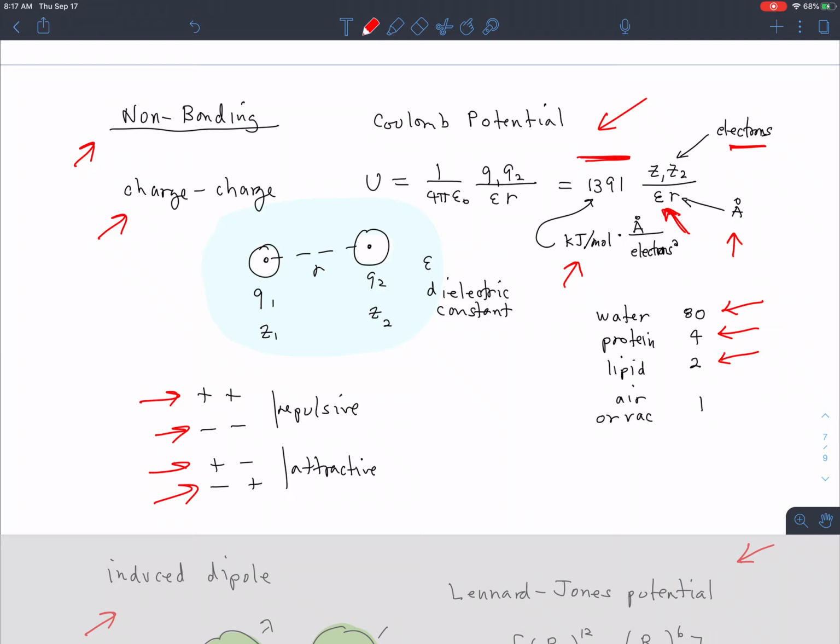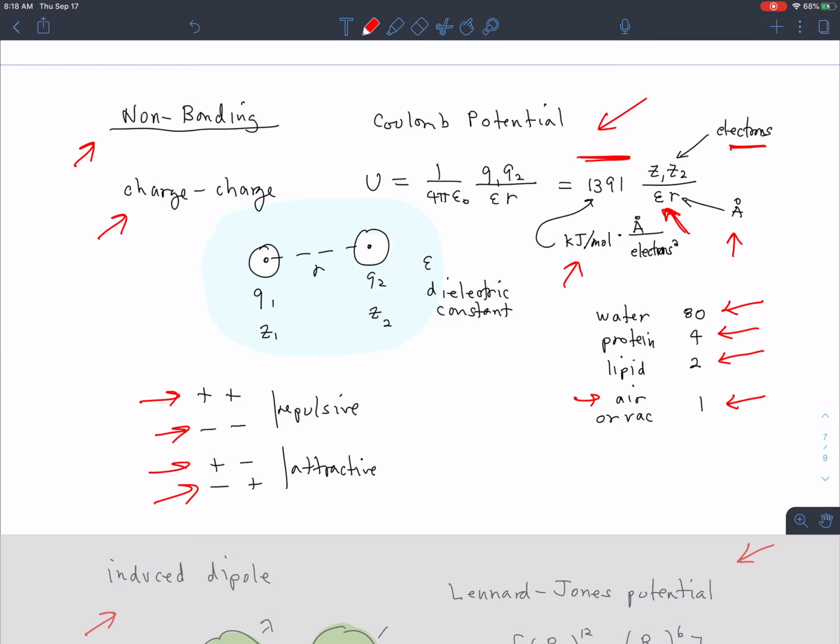If you're in something that's even more hydrophobic, like the interior of a lipid membrane, then it's even smaller, about 2. And if there is no medium surrounding you, or if the medium is air, which is basically the same as vacuum, then the dielectric constant is 1, and there is no effect of the dielectric constant at all.